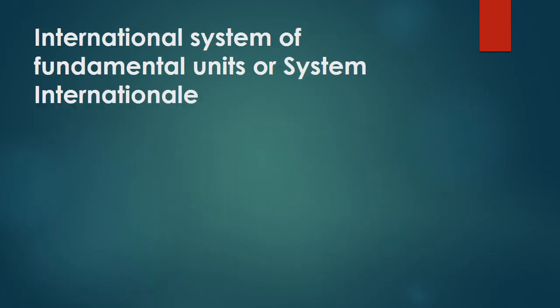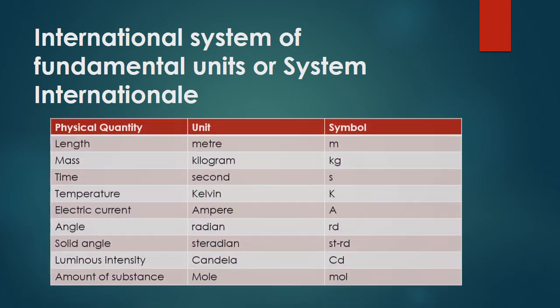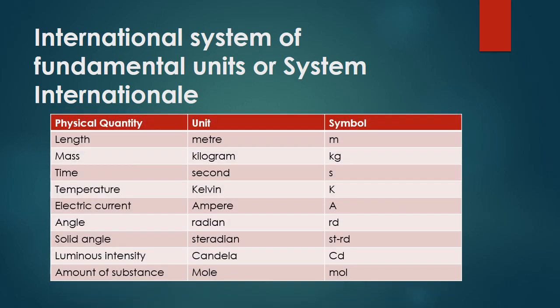So moving to this next slide, we have the International System of Fundamental Units, which we call in short the Système International, SI unit. Many of you have heard of this, but those of you who don't know about it, please listen very carefully. It's an important concept.